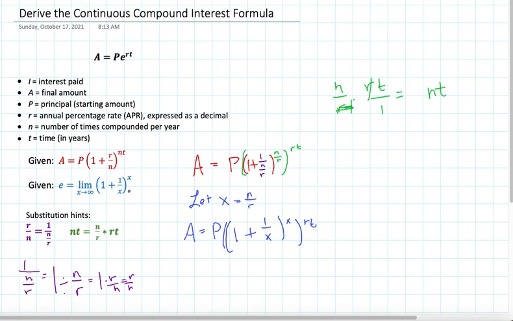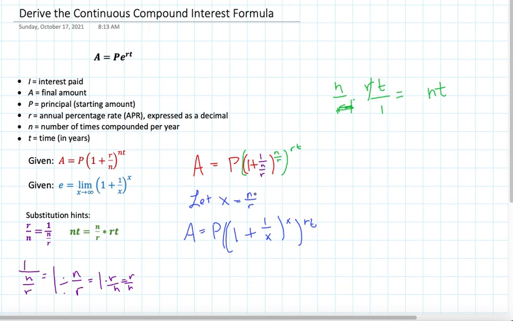Okay, so this inside part, 1 plus 1 over x raised to the power of x, looks a lot like our definition. If we're compounding something continuously, that means we're going to take the number of times compounded per year and make it higher and higher. So that n is going to get bigger and bigger. You start with quarterly or monthly or weekly or daily, and eventually you're going to get to continuously.